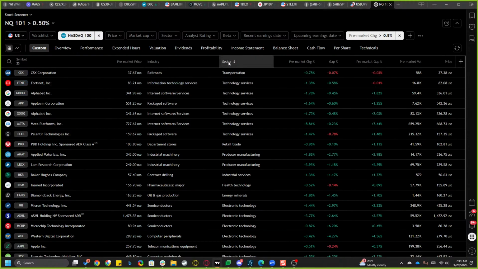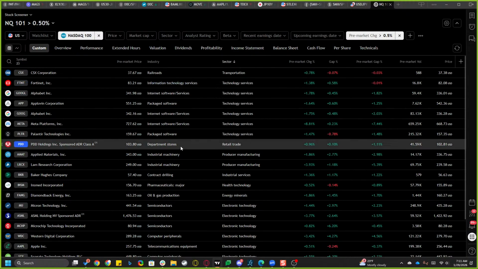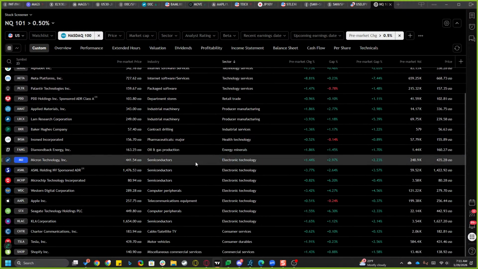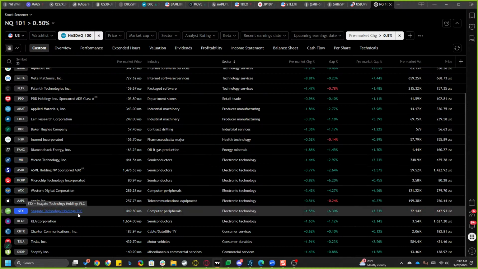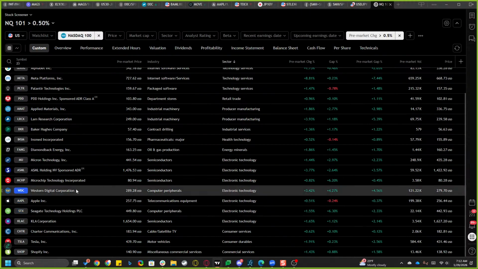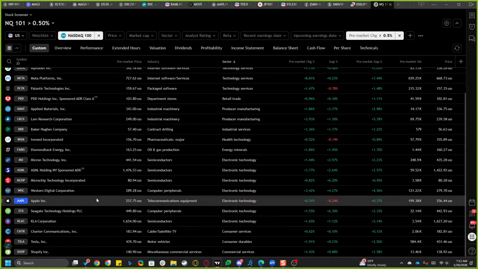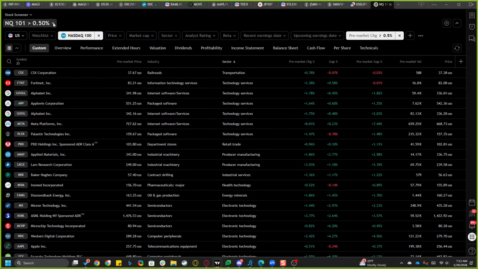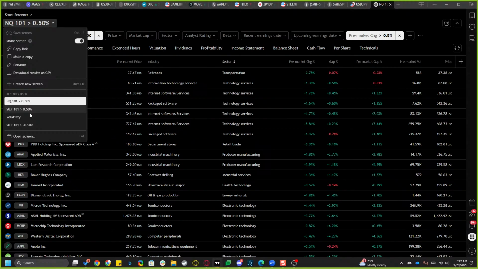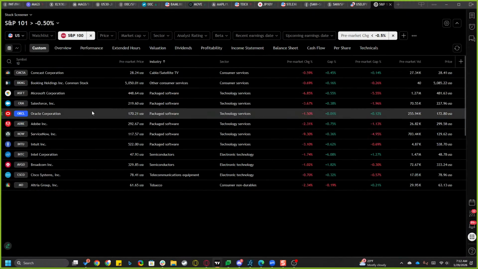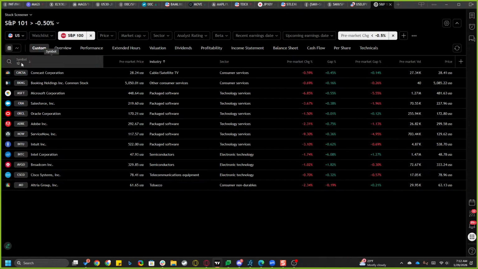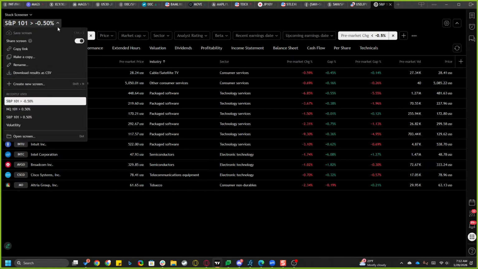And again, in the same thing, you can look at the industry or the sector and see what space. I still see a lot of those memory names, right? Seagate, Western Digital. Memory's been a really big deal lately. 12% of the S&P is down 0.5%. Keep your eye on that number, see if it starts to climb.